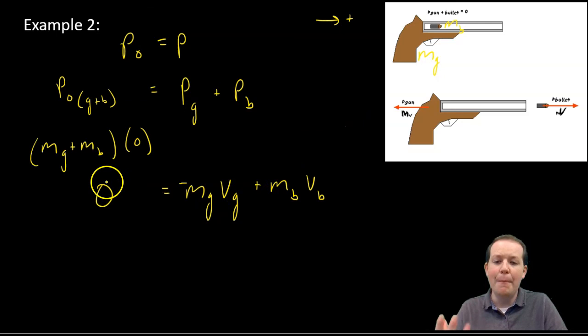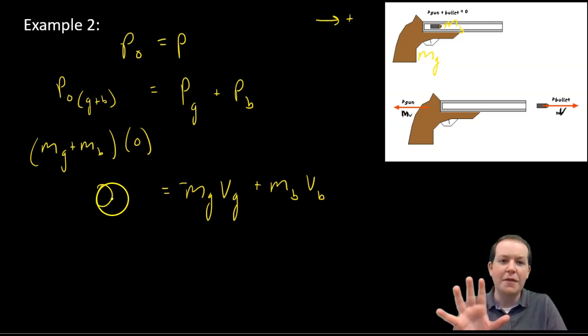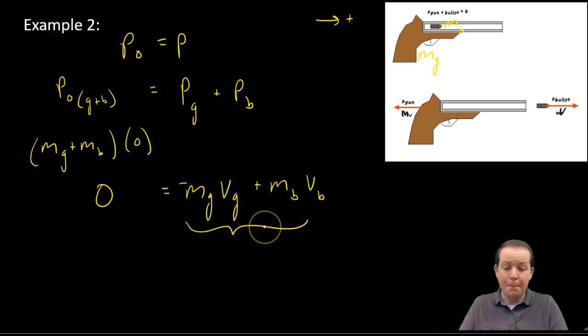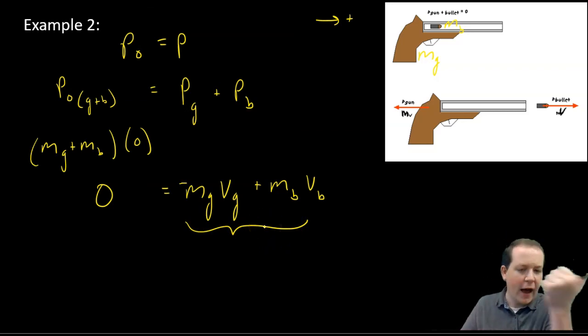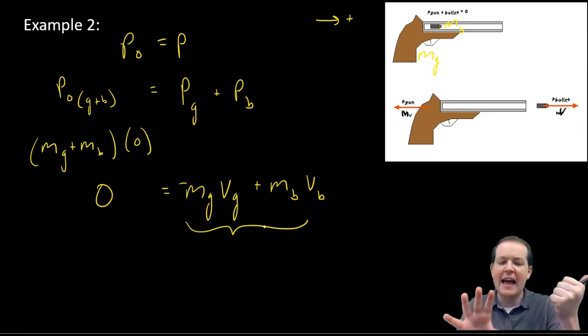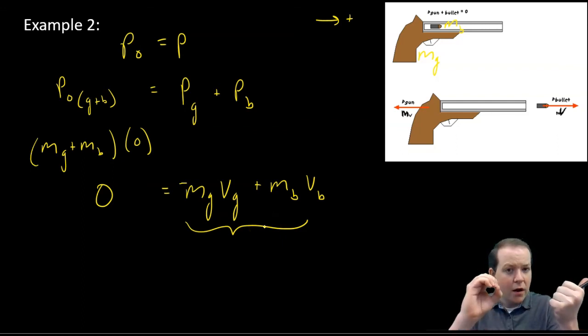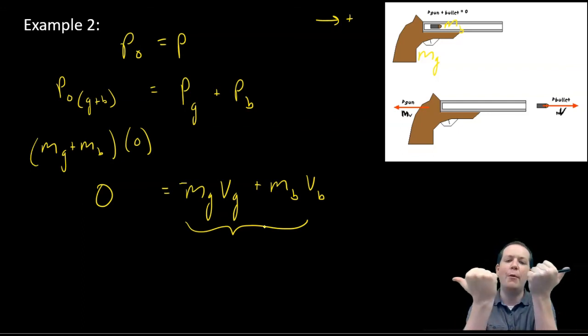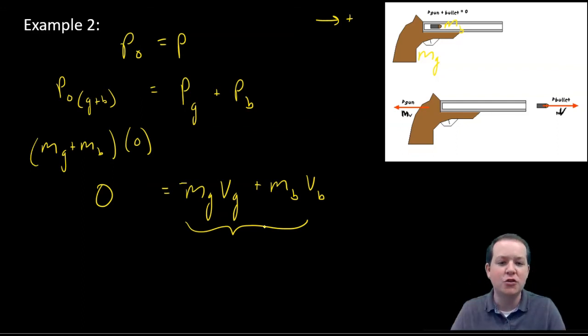Well, if momentum is conserved, that means if I started with 0 momentum, I have to ultimately end with 0 momentum. And if the bullet is flying off to the right with some right momentum, if I have to add up to 0, it must mean that the gun is going to have momentum in the opposite direction.